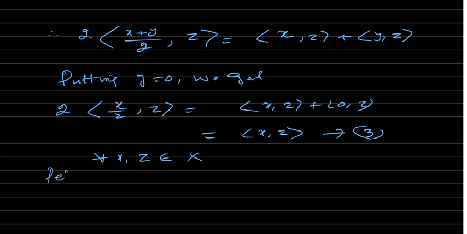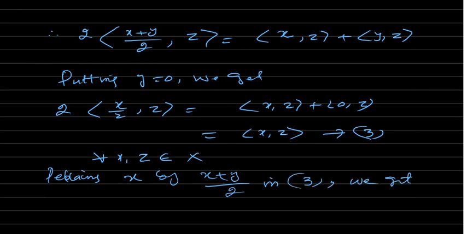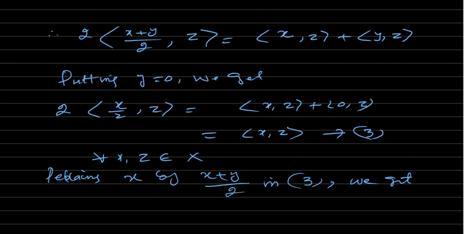So replacing x by x plus y by 2 in third, we get this: 2 times the inner product of (x plus y) by 2 with z. Okay, this x I replaced with x plus y by 2, and here also we will replace x with x plus y by 2.